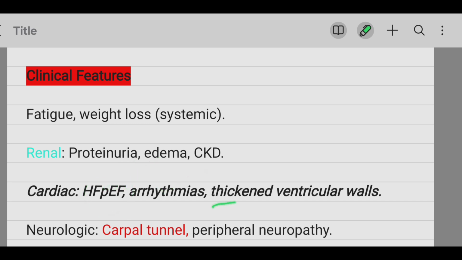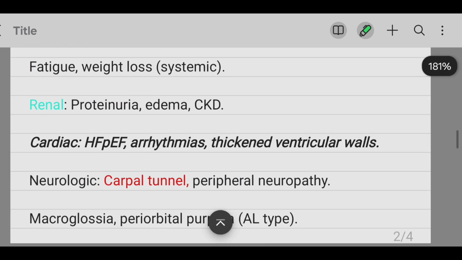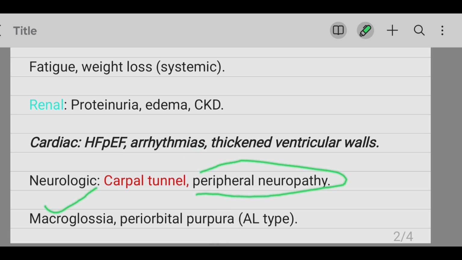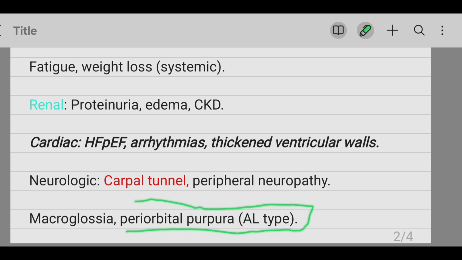It can lead to thickened ventricular walls, and mostly right heart is affected in case of this restrictive cardiomyopathy. So heart failure with preserved ejection fraction, not reduced. Then neurological features, carpal tunnel syndrome as I have told you, and peripheral neuropathy. Macroglossia, enlarged tongue, and periorbital purpura are also seen in case of light chain amyloidosis.